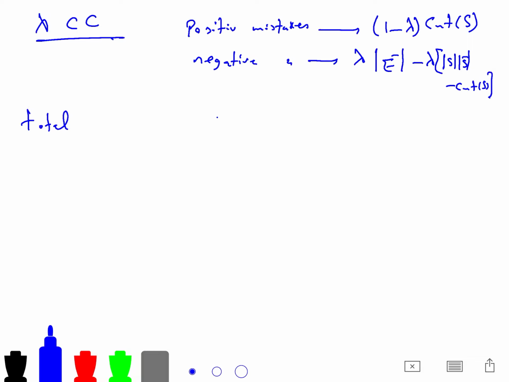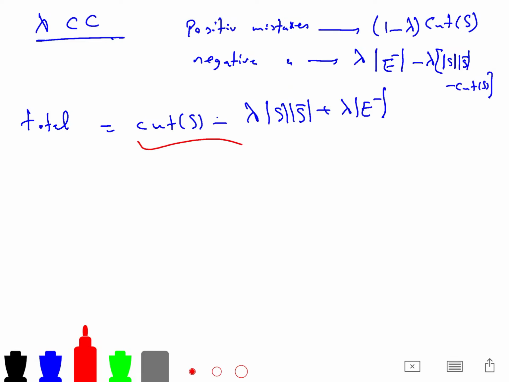And so if you sum, the total weight of mistakes is equal to cut of S minus lambda S S bar plus lambda E minus. And so this is our objective, and everything is related to this.